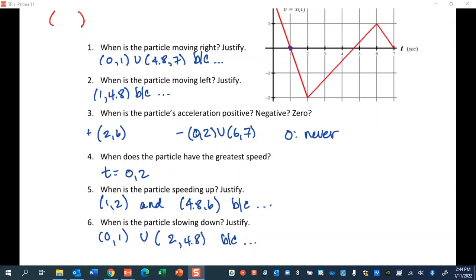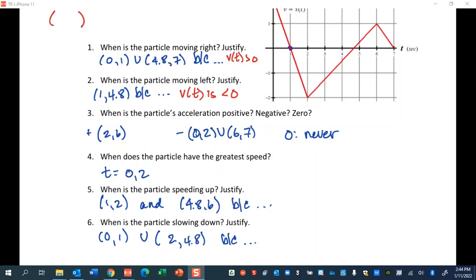So when we're saying that the particle is moving left because the velocity over time is less than 0. When is it moving right? Because the velocity compared to time is greater than 0. Stephen, are you watching? Okay. So when the particle's acceleration is positive, negative, 0. Okay.